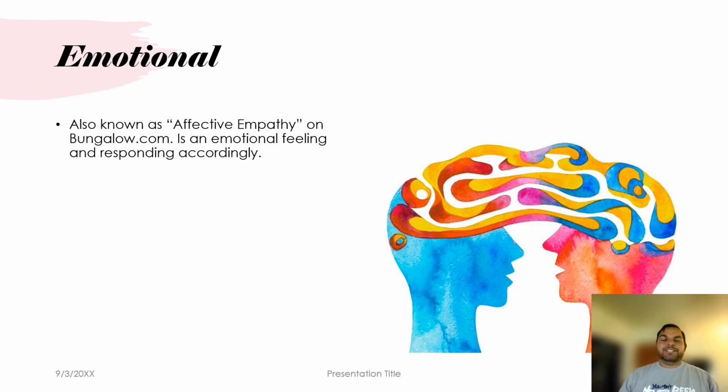Another example of emotional empathy would be, I have three kids, and oh, I'm sorry, four. I have four kids. My son graduated, and I was super stoked, elated, happy.